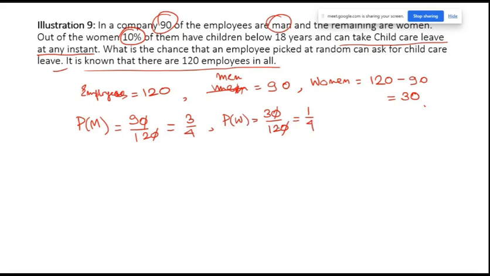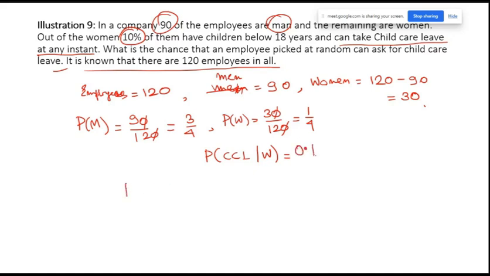Okay. Now, who will take CCL? Obviously a woman, CCL given W, because no other people will take the leave. So that probability is given as 10%, that is 0.1.